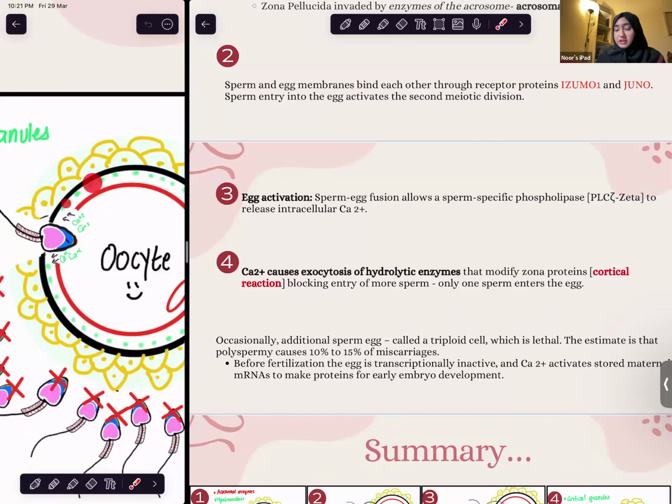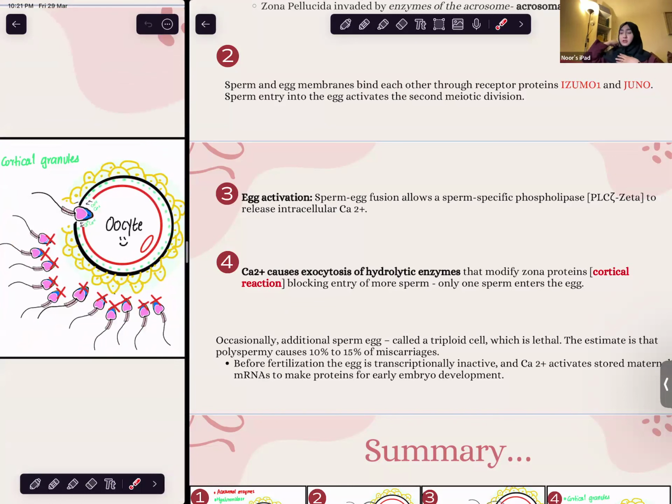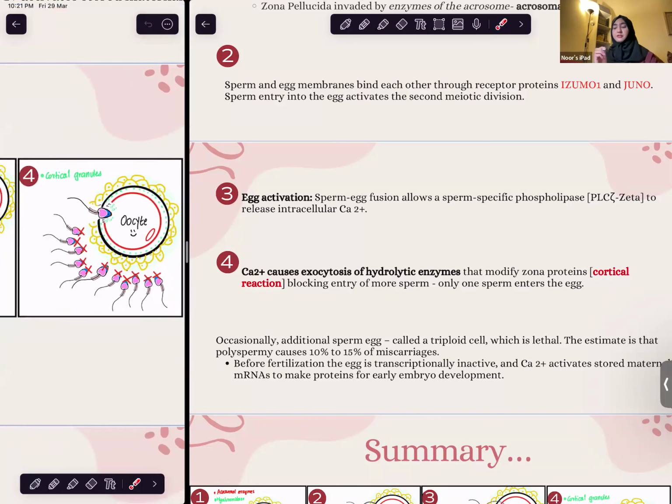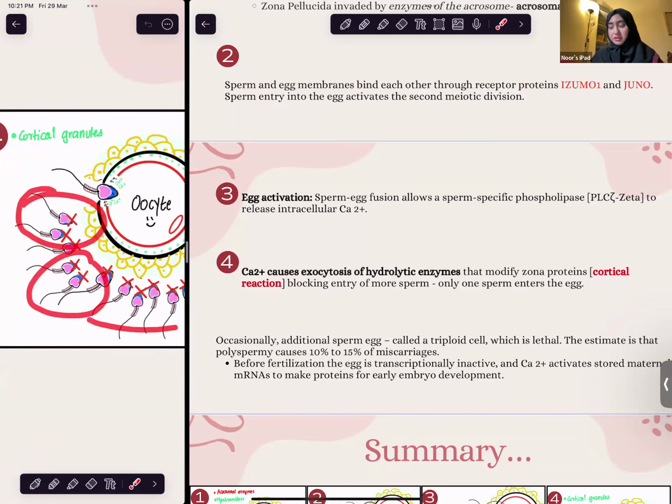The ones in green here are the zona proteins, and they're going to form a layer around the zona pellucida from inside, and that's called the cortical reaction. Once this green dotted layer is formed around the zona pellucida, it's very important because it's a full stop to the entry of more sperm. None of the sperm is allowed to enter now.